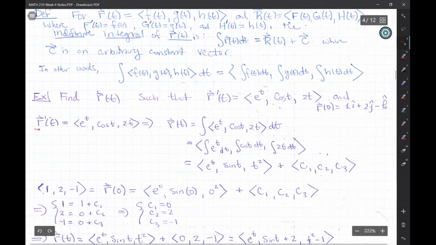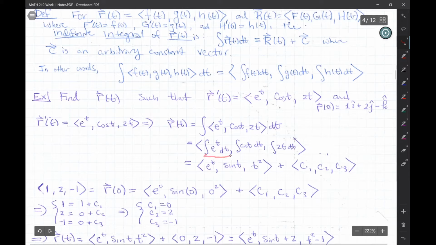So the first step, we have our derivative here. We're going to integrate. So we're going to take the integral of a derivative, which returns back the original function, right? So here's the integral of this vector function, which again is actually the derivative of r.